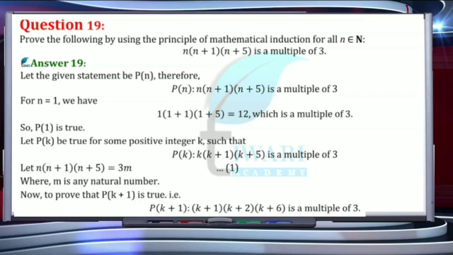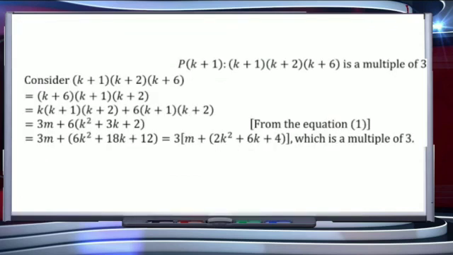Next, for P of k plus 1 to be a multiple of 3, we have to simplify this. So here we will be solving P of k plus 1, which reduces to (k plus 1) (k plus 2) and (k plus 6). So first we are multiplying the bracket (k plus 1) (k plus 2) by k, next by 6, and from P of k we know that k (k plus 1) (k plus 5) has the value 3m.